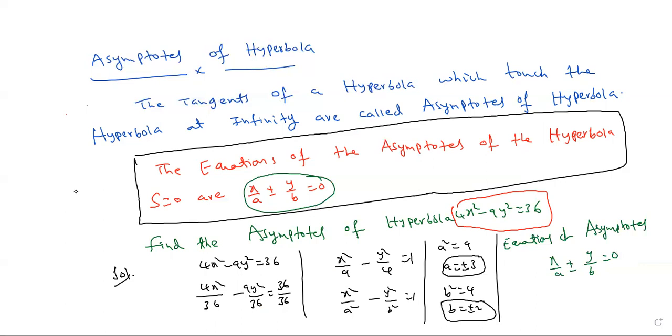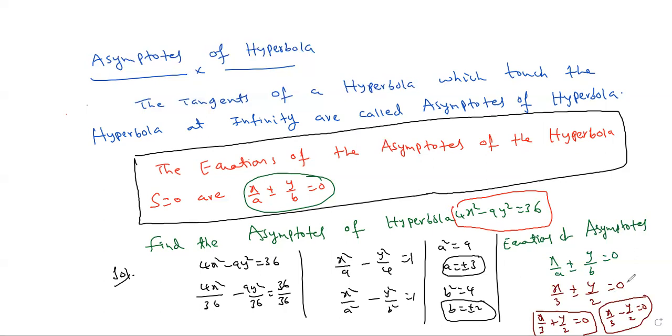Now a is 3, b is 2. So what is your answer? x by 3 plus or minus y by 2 is 0. That is, x by 3 plus y by 2 equals 0 is the first asymptote. What is the second asymptote? x by 3 minus y by 2 equals 0 is the second asymptote.